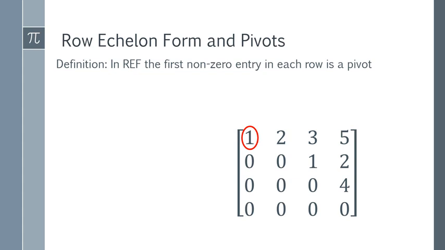Here is the first non-zero. Here is the first non-zero in the second row, and then the first non-zero in the third row, and then we've got a row of zeros, which is correctly at the bottom. This is in row echelon form because we have that staircase pattern. And the circled things in the matrix, these are actually your pivots. You have a pivot of 1, and a pivot of 4.